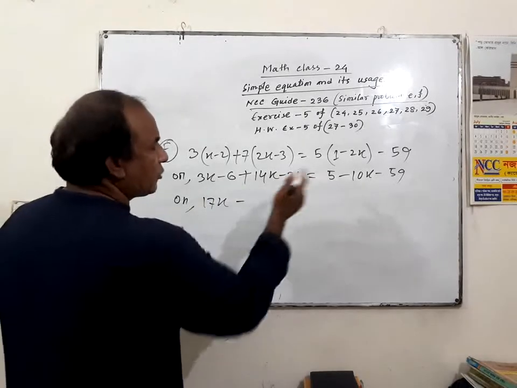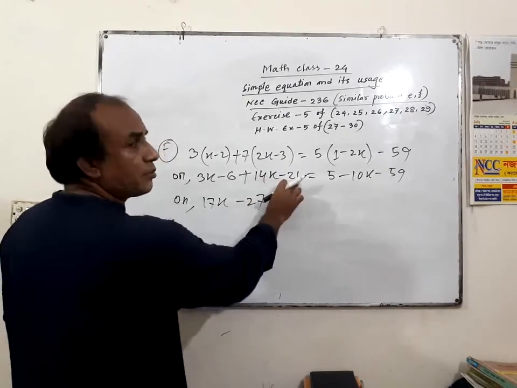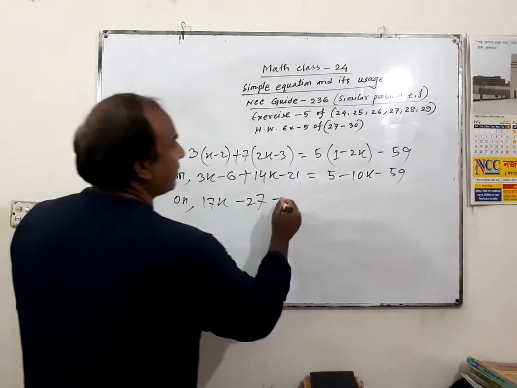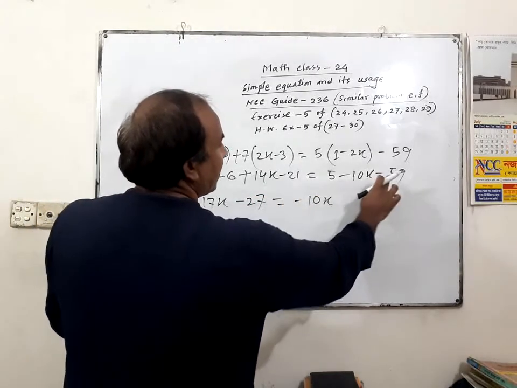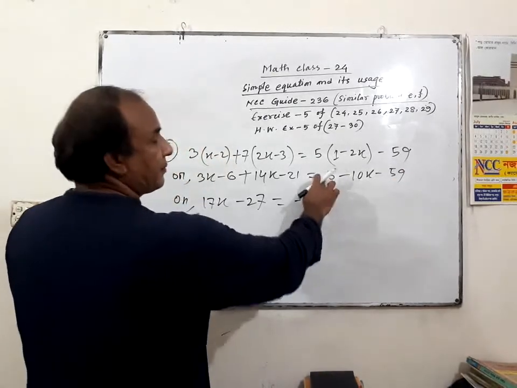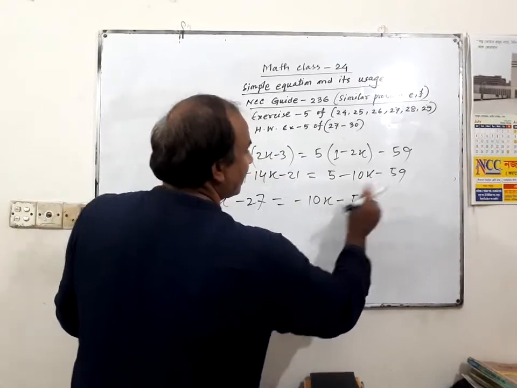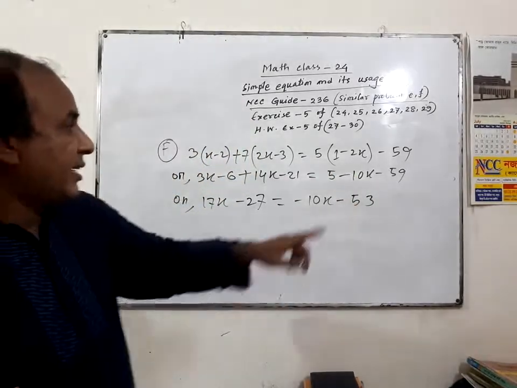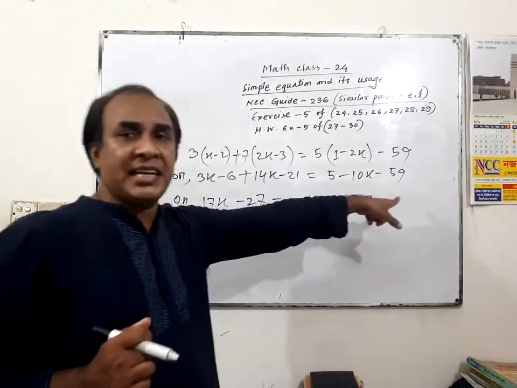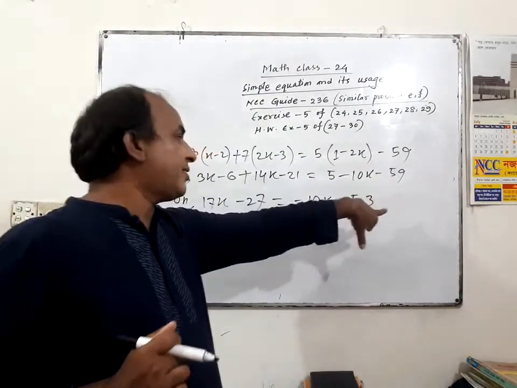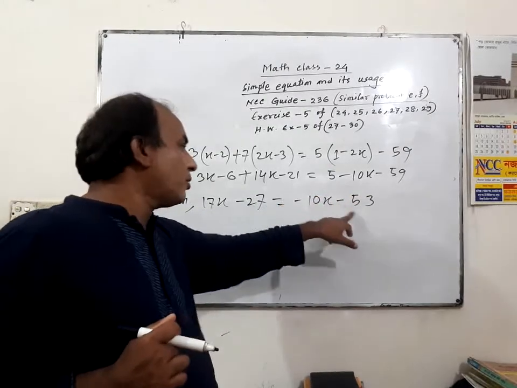Minus 6 and minus 21 together is minus 27. So minus 10x, minus 59 and plus 5. Plus 5 and minus 59: minus 59 is more, so it is going to minus 53.